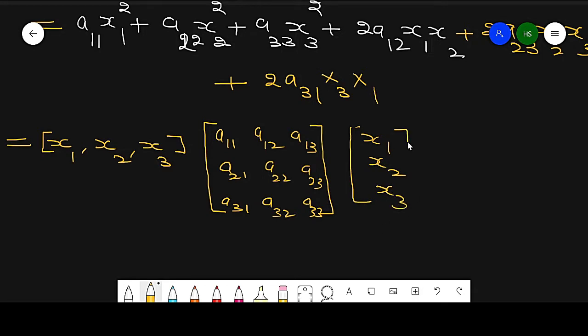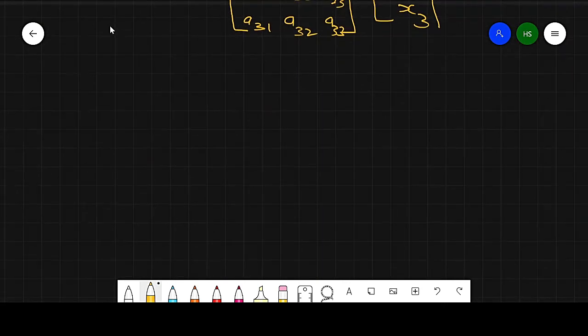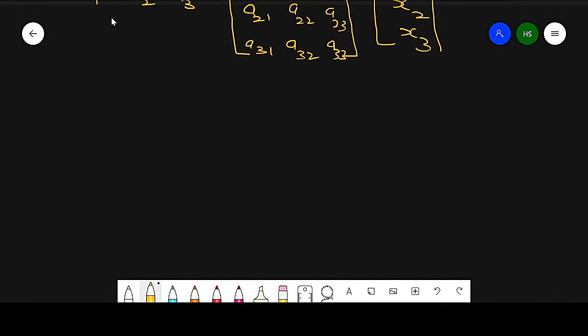So this is a quadratic form. This is a quadratic form in 3 variable. So in this way we can convert the quadratic form into the product of matrix.